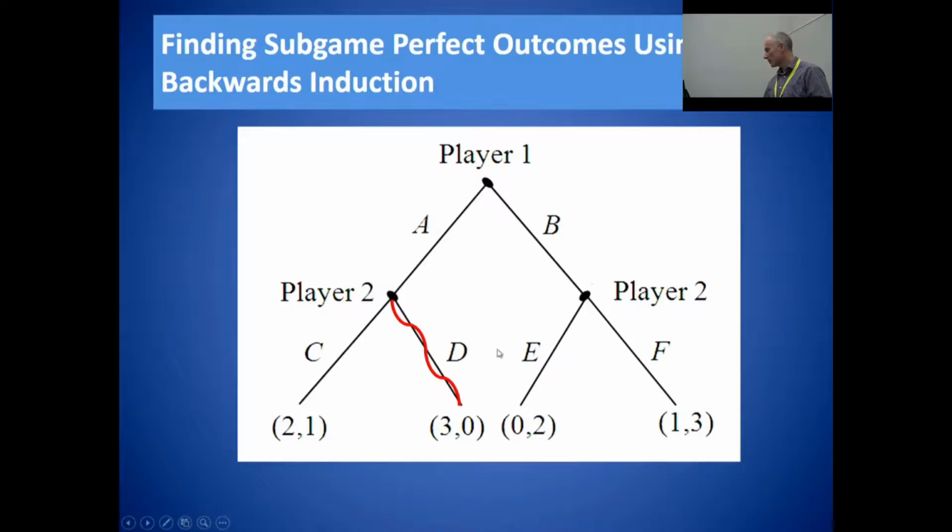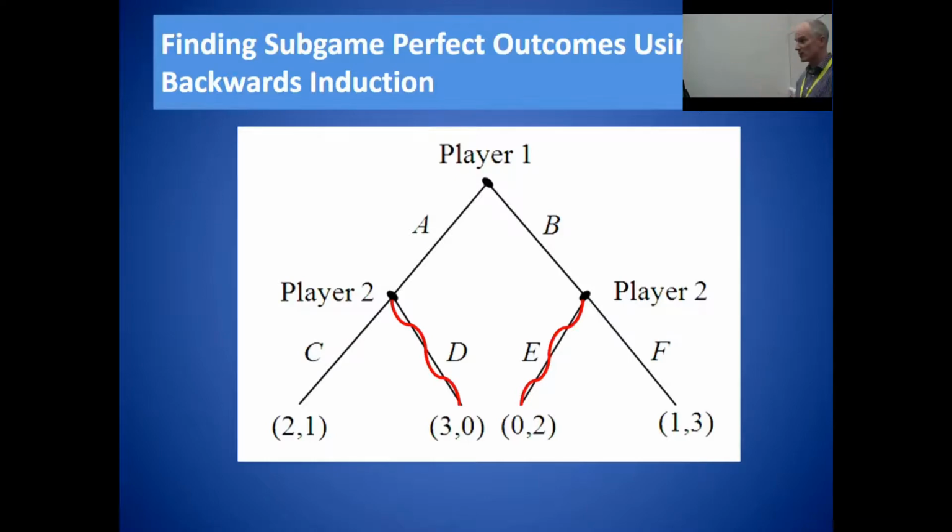Well, what about the subgame on the right-hand side? Where player 2 is choosing between E, that gives a payoff of 2, or F, that gives a payoff of 3. We would obviously much rather 3 as opposed to 2, and so we can exclude E as a possible strategy.